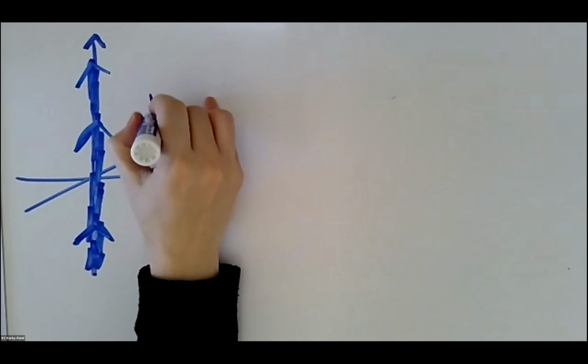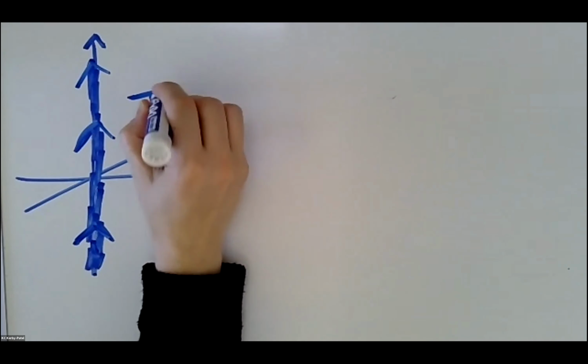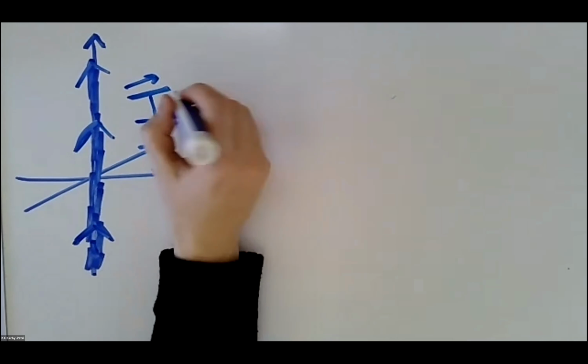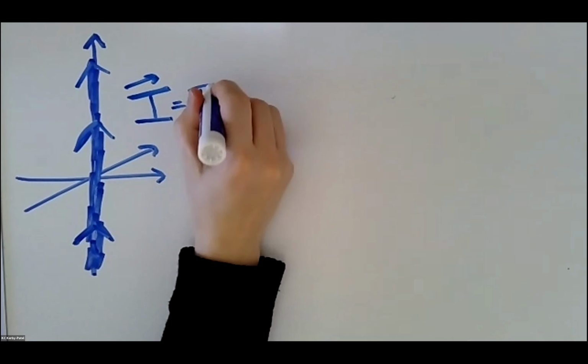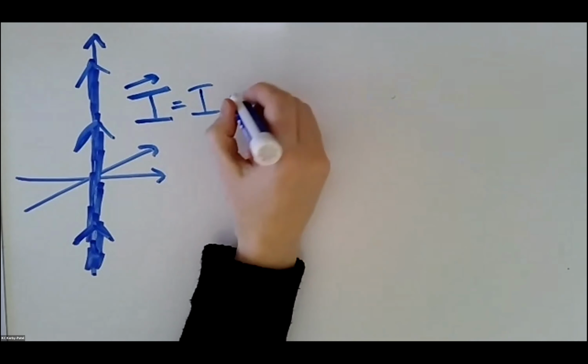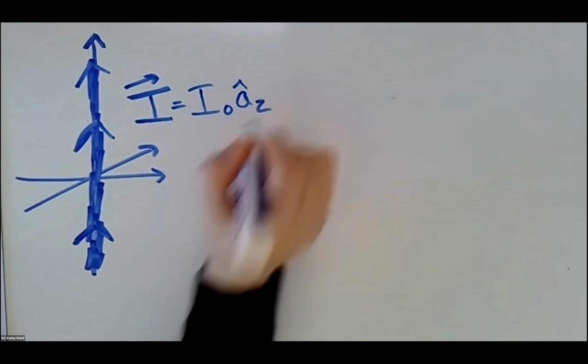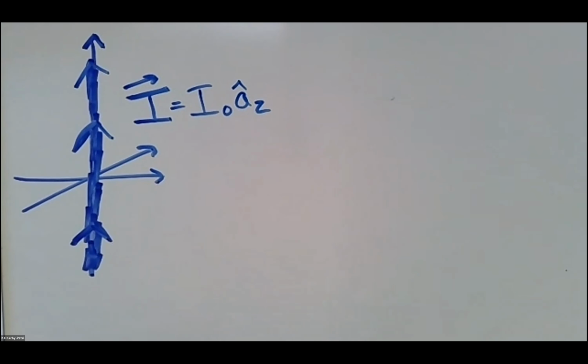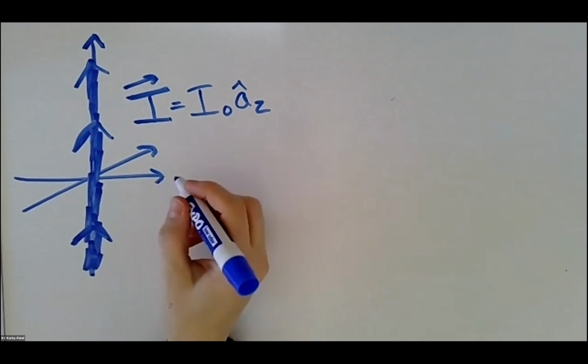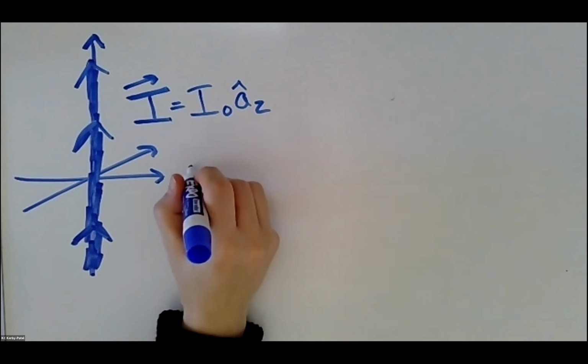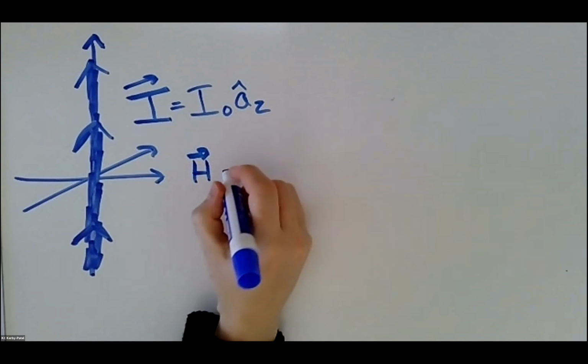I'm going to say that I, the vector, is going to be some amount I naught a hat z, give it a vector direction, like that. And I would like to find the magnetic field intensity, so that means H, everywhere.